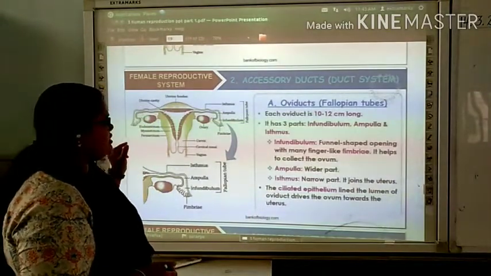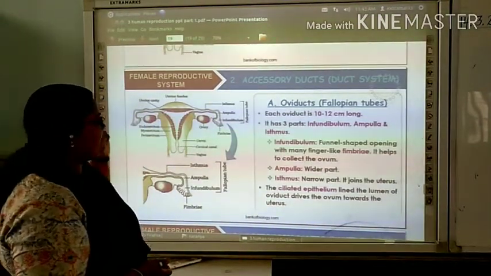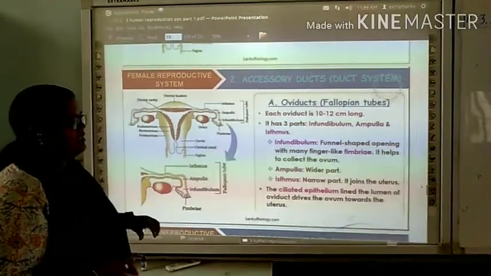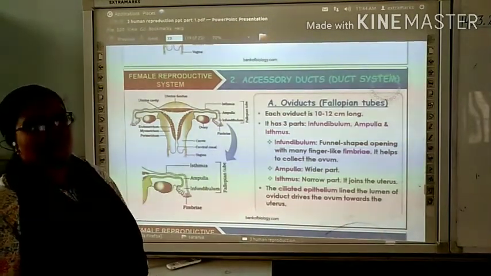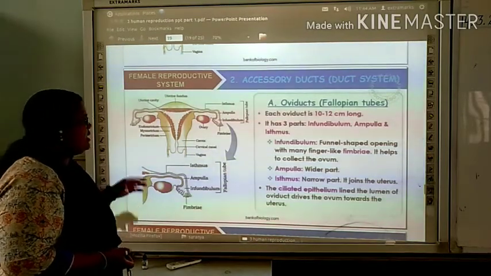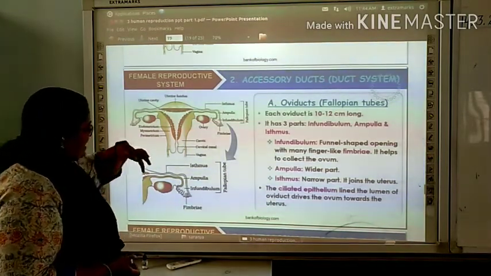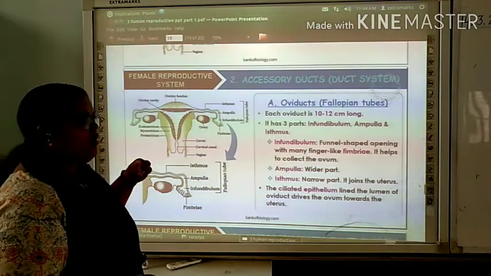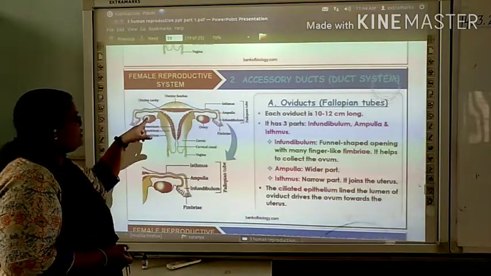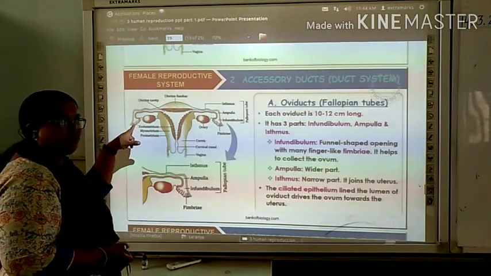We are going for the infundibulum. What is it? This is the funnel-shaped opening, with many finger-like projections, which are called fimbriae. What is the function of this? It helps in the collection of the ovum from the ovary. After maturation, the ovum will be released from the ovary.